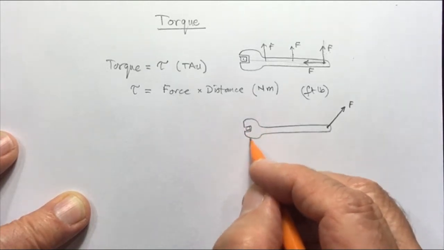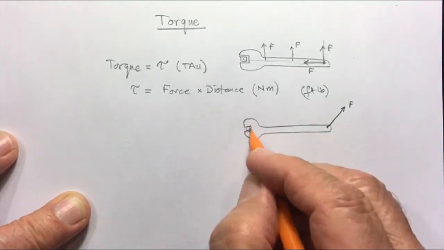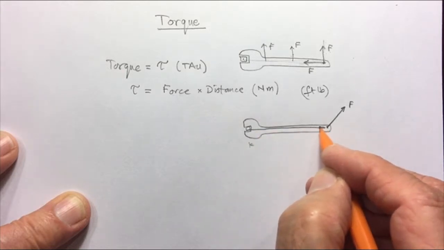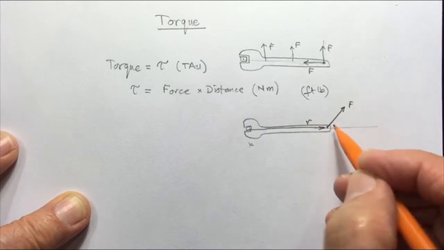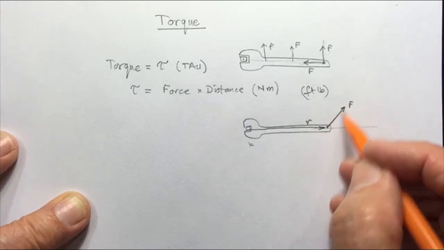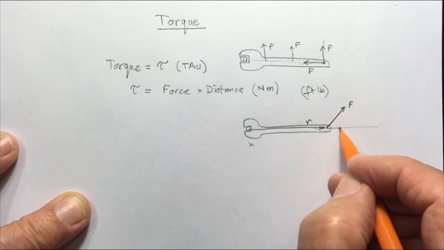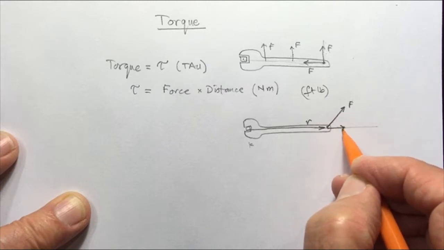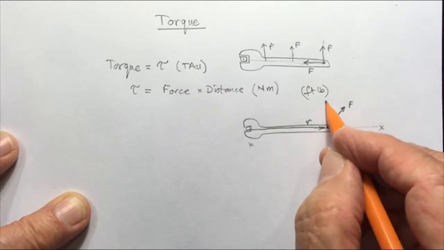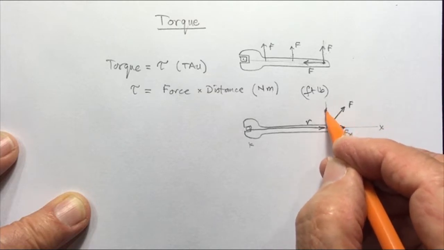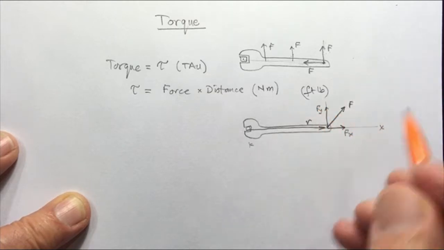This distance from here to here, let's write it right here, this is R. Then this is the direction of R, and that's the force. We can break the force up into two components. One component along here, let's say that's the x direction, so this is Fx, and if that's the y direction, we would have an Fy.